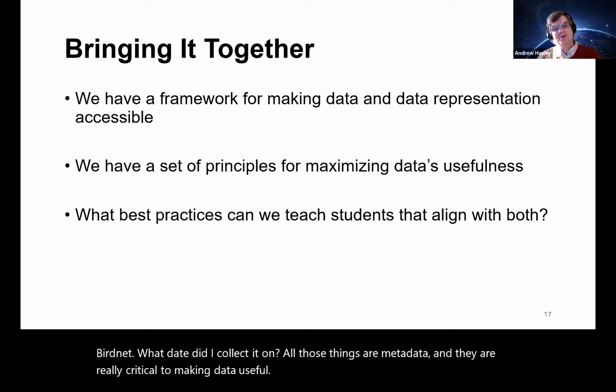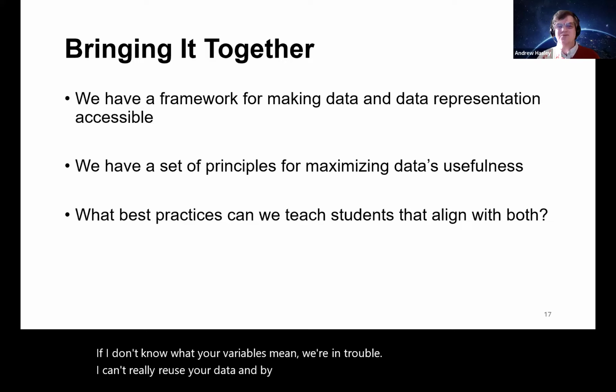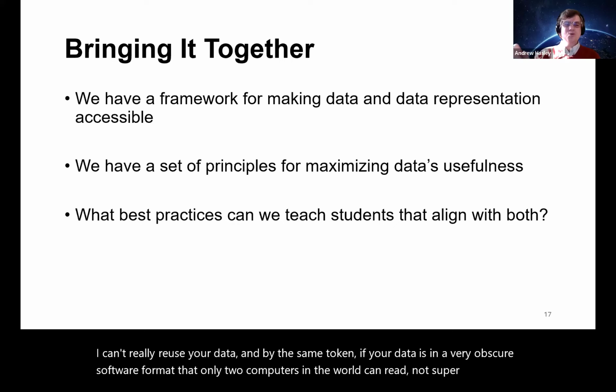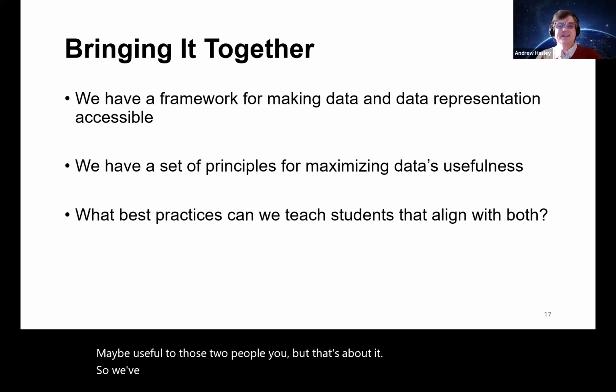If I don't know what your variables mean, we're in trouble. I can't really reuse your data. And by the same token, if your data is in a very obscure software format that only two computers in the world can read, not super useful. Maybe useful to those two people and you, but that's about it. So we've got frameworks for both of these.